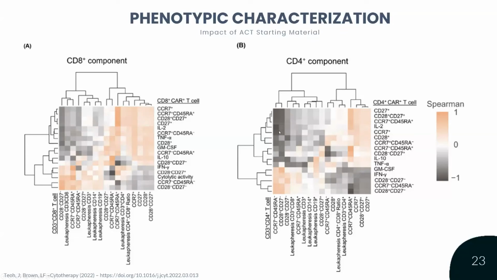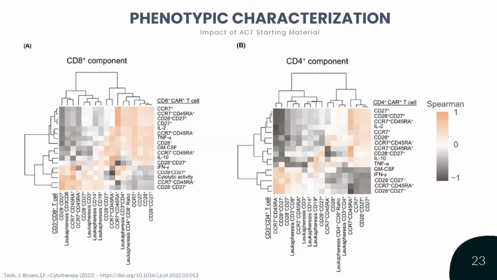But then you can also see these negative relationships, where terminally differentiated cells are bad at secreting the right cofactors and having the right activity. But unexpectedly, one marker of terminal differentiation is actually being CCR7 positive. Actually, I'm incorrect there. CCR7 negative and CD45RA positive. So let me see if I can find that on here.